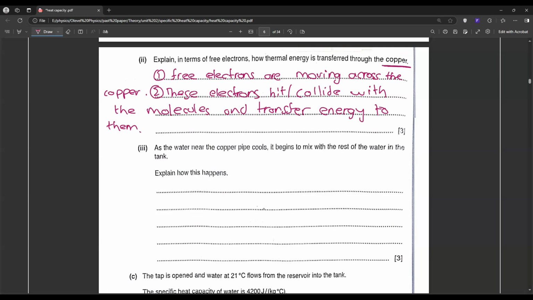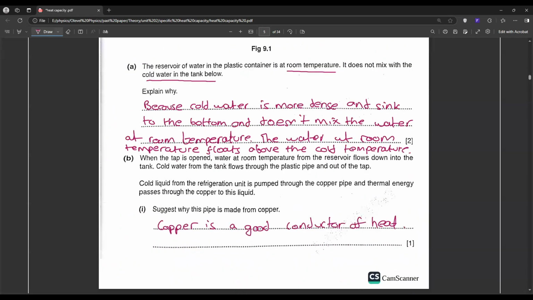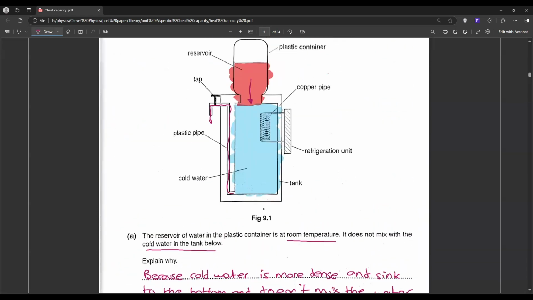As the water near the copper pipe cools, it begins to mix with the rest of the water in the tank. Explain how this happens. So, as the water here cools, what will happen? It will contract. Basically, its volume will shrink. It will become more dense because density is inversely proportional to volume.